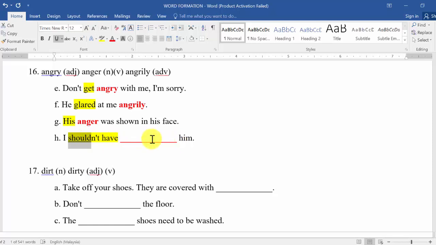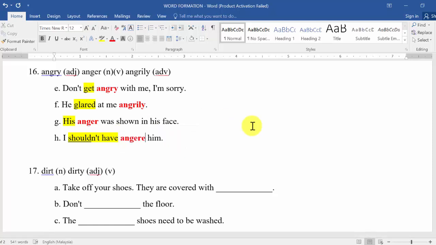After should, a verb. But you have a have here. When you have a have, the next verb should always be in PP form. So anger is a verb here. Anger, PP, add ed. So your answer should be angered him. I shouldn't have angered him.